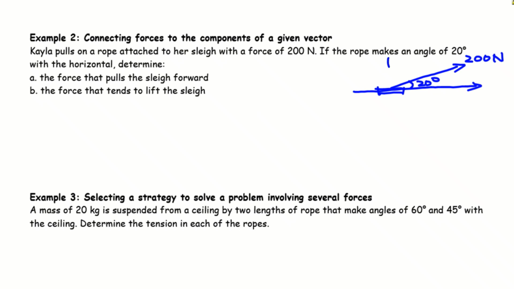So if we set up the x and y axis, then the force that is in the forward direction is just one of the component vectors for this 200 Newton. And this is the x direction. We know adjacent over hypotenuse equals cosine 20 degrees.